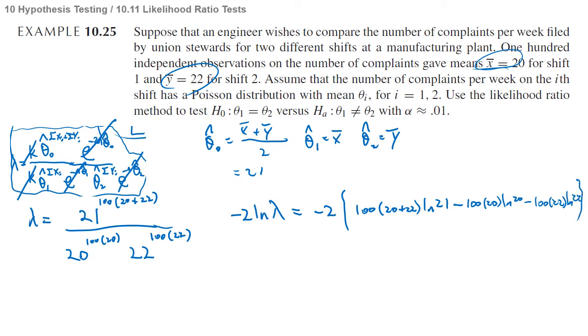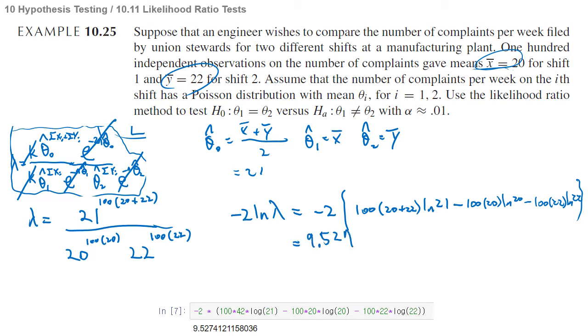Okay, and so you can use your calculator to calculate this one, which is 9.527, and this value follows chi-square 1.